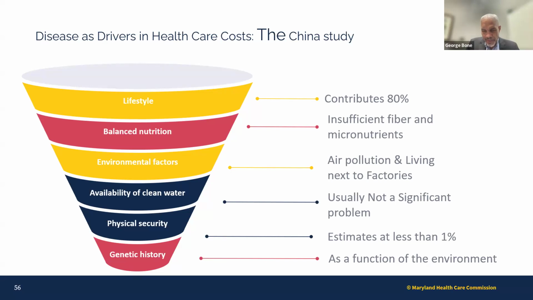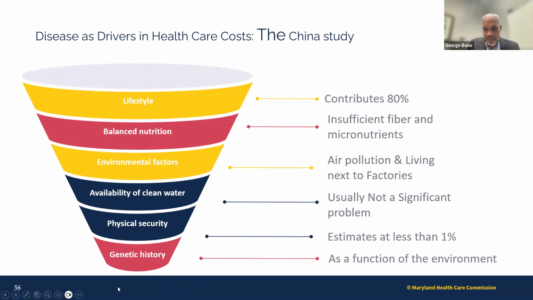The Commonwealth Fund looked at security and estimated that this contributes less than 1% to our ill health. We incarcerate danger, so physical security is not a significant problem by and large, although like clean water, we have pockets of insecurity.